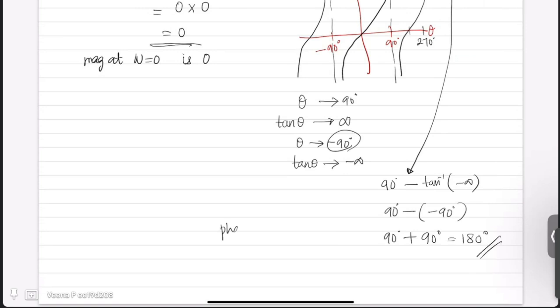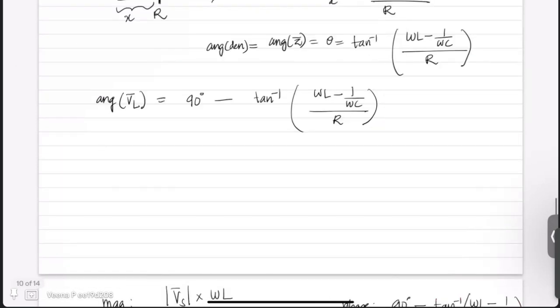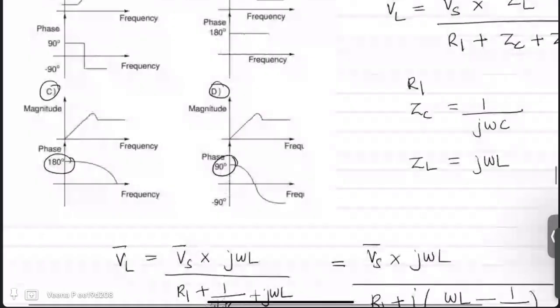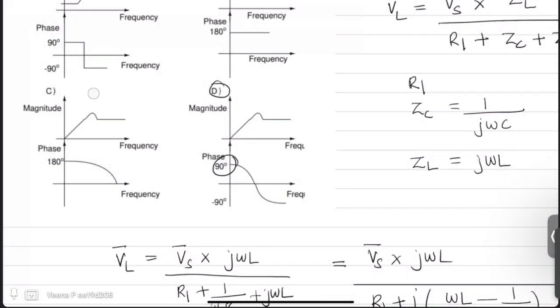So your phase at omega equal to 0 radian per second is 180 degree. So from option C and D, option C only reaches 180 degree. So the correct answer is option C.